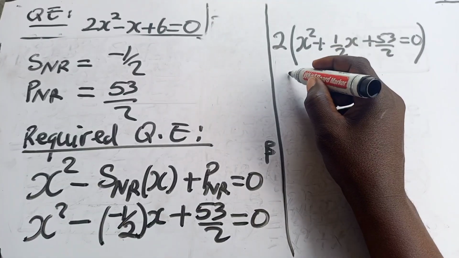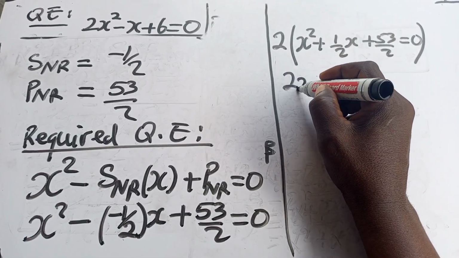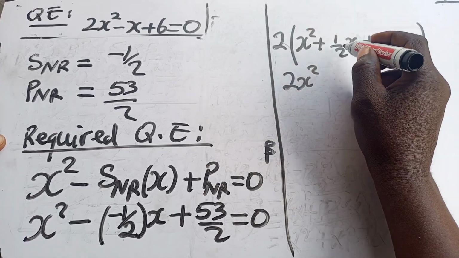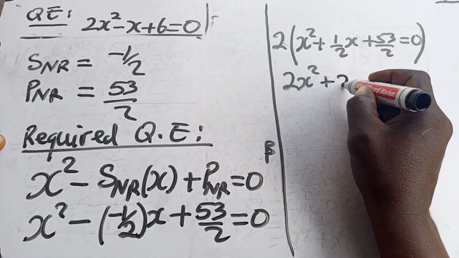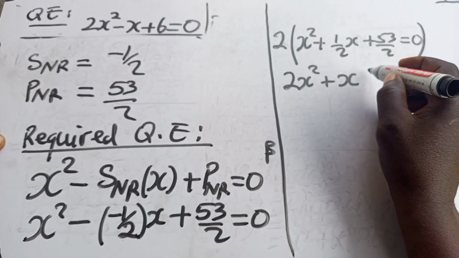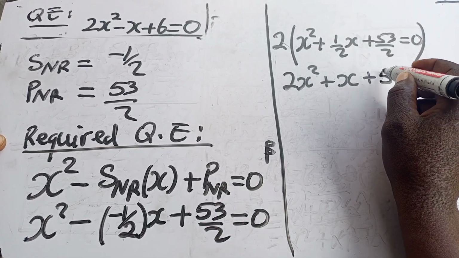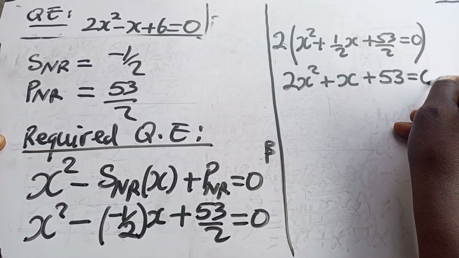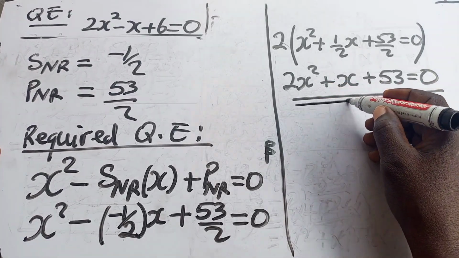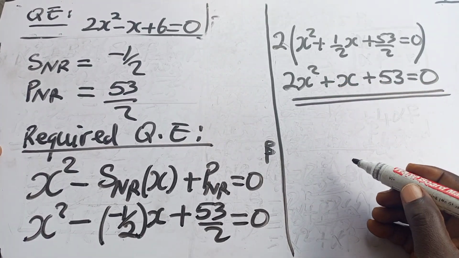2 multiplied to x squared gives us 2x squared. 2 multiplied to a half, this 2 will cancel. We have positive x. 2 multiplied to 53 all over 2, this 2 will cancel that 2 there, and we'll end up with 53 equals 0. All right, so this is the new quadratic equation.